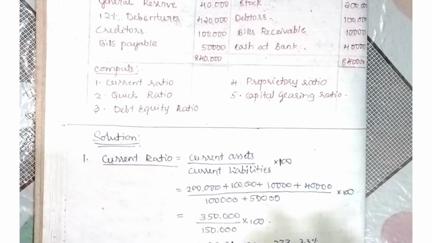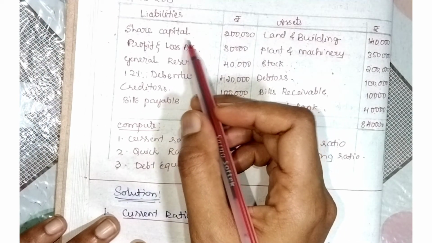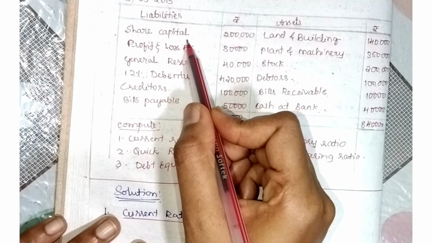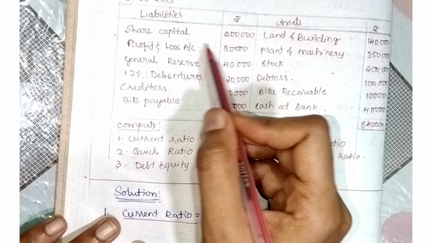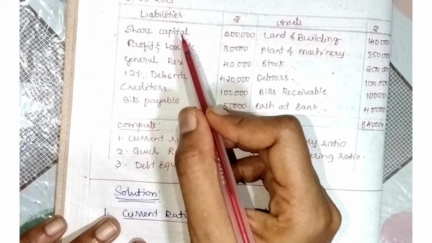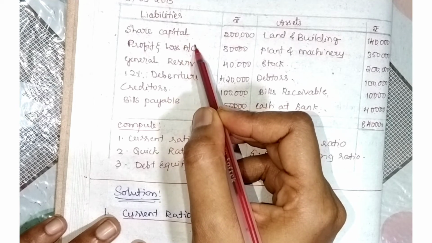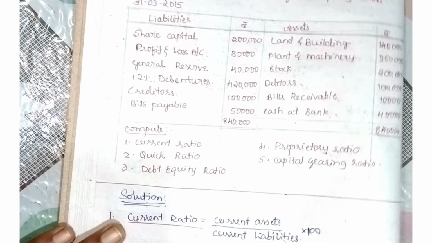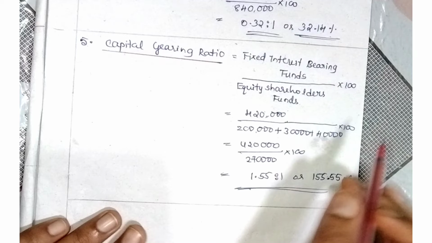Equity shareholders fund, in this problem they have not mentioned anything about equity or preference, so this is treated as equity share. If it is preference they have to mention it, otherwise it is treated as equity share capital. So equity funds are share capital, then profit and loss account, and general reserve. These three totals are called shareholders fund, that is equity shareholders fund, into 100.